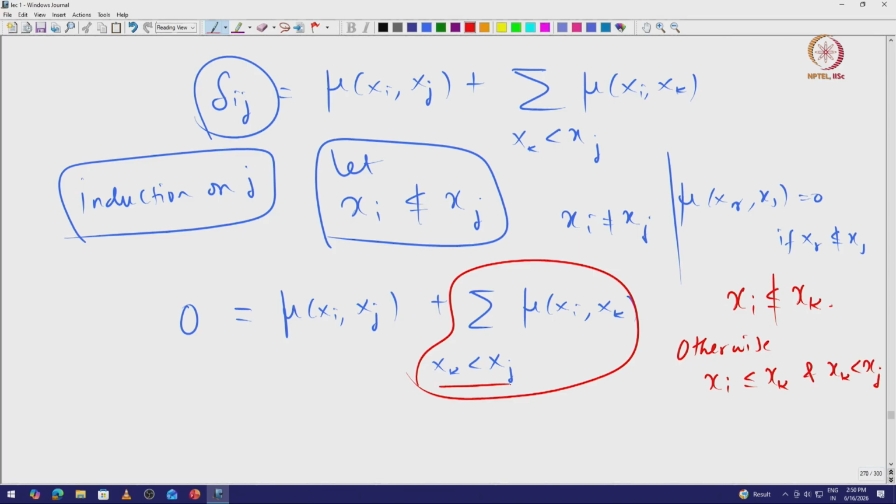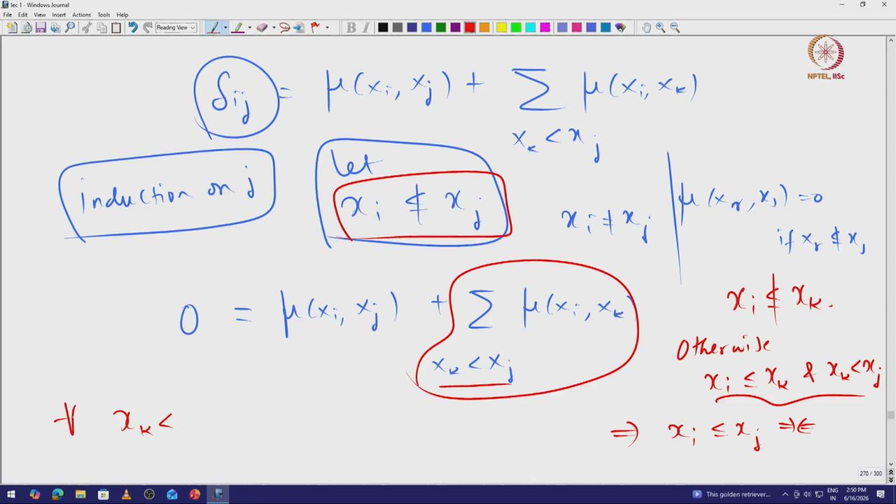These two together would say immediately that x i is less than or equal to x j, which contradicts the assumption that x i is not less than or equal to x j. So, for all x k less than x j, x i is not comparable with x k. That means by induction we can assume that this part is equal to 0.